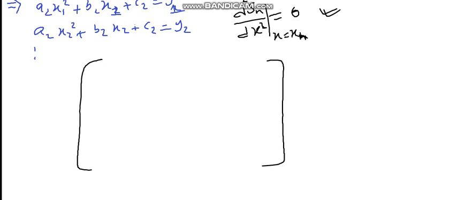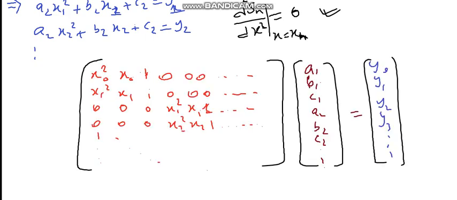So in your matrix form, you will have your variables first. So you will have your x0 square first, then your x0, then your c1, like that. So you can write the matrix representation of this equation like this.